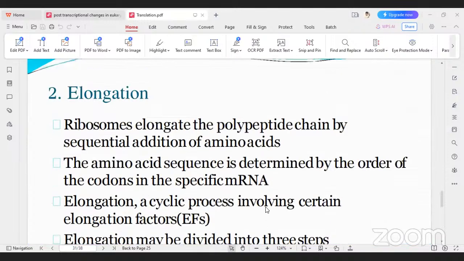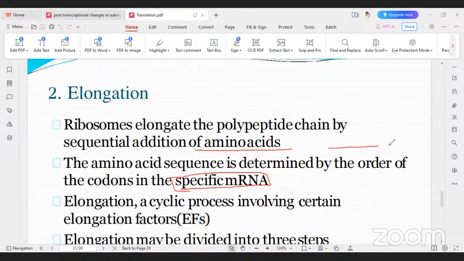What is elongation? In elongation, ribosomes elongate the polypeptide chain by sequential addition of amino acids. That is the important thing. The amino acid sequence is determined by the order of codons in the specific mRNA.